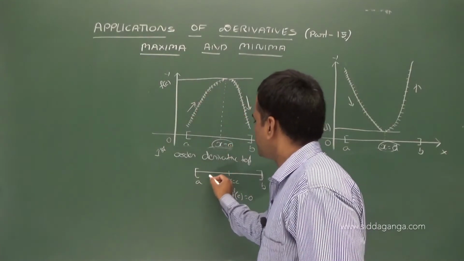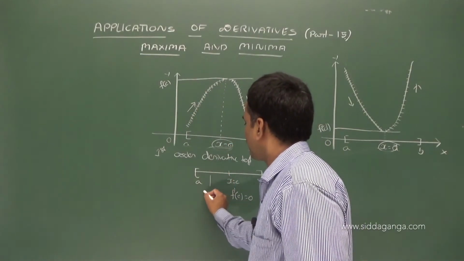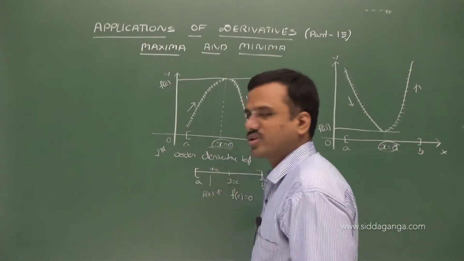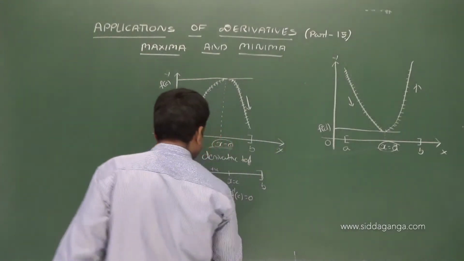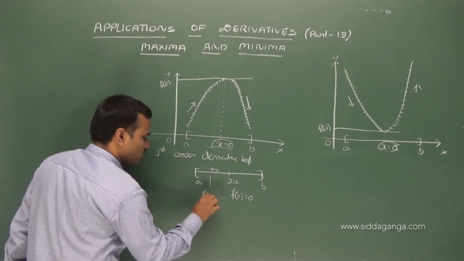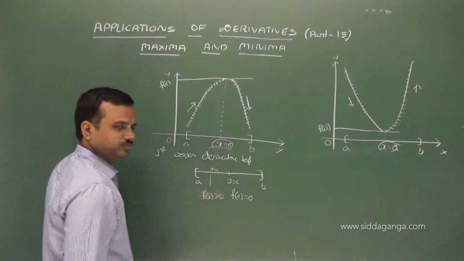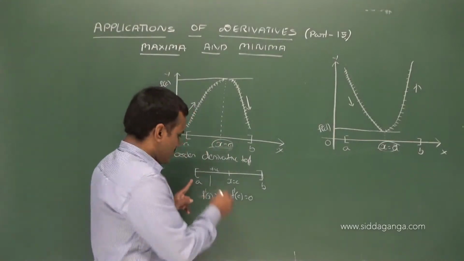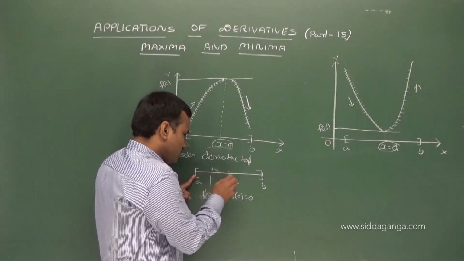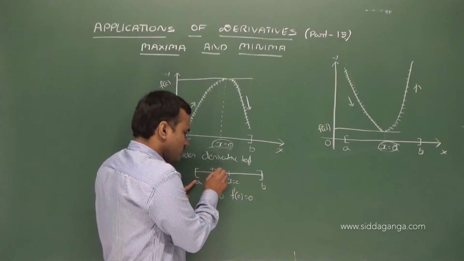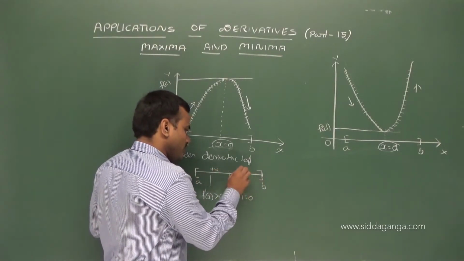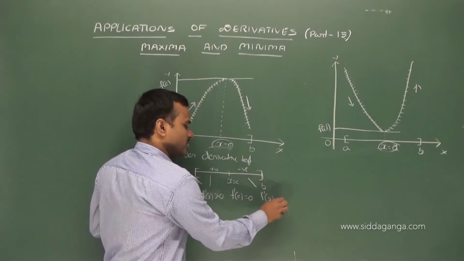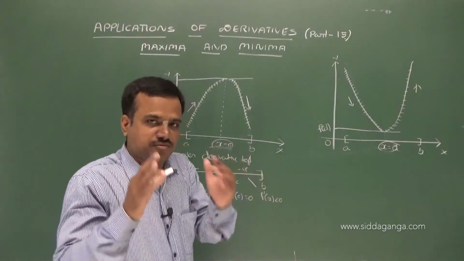And here it is increasing, means f of x is increasing, positive. F dash of x greater than 0, what we discussed in the increasing decreasing function, same. From a to c, f dash of x is positive, from c to b, f dash of x is decreasing.